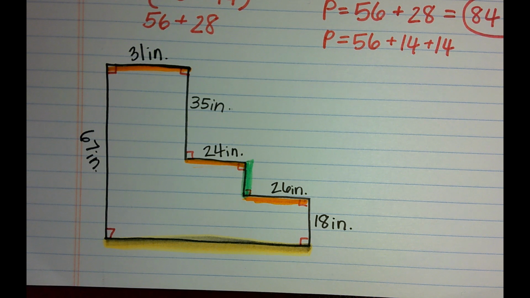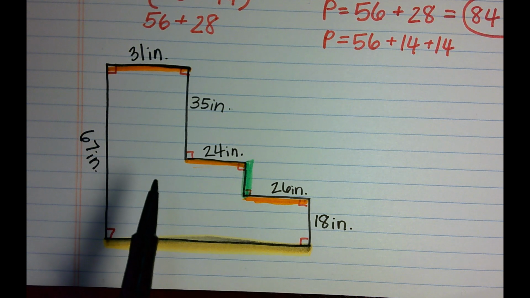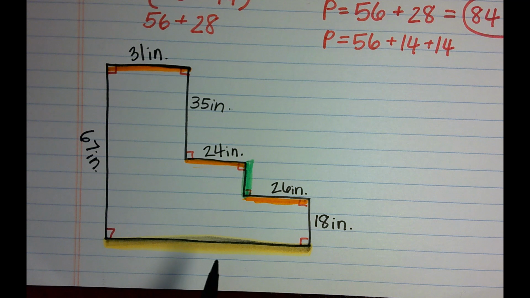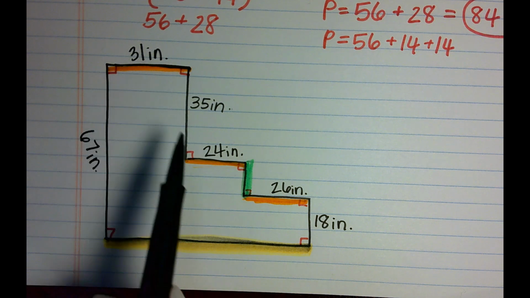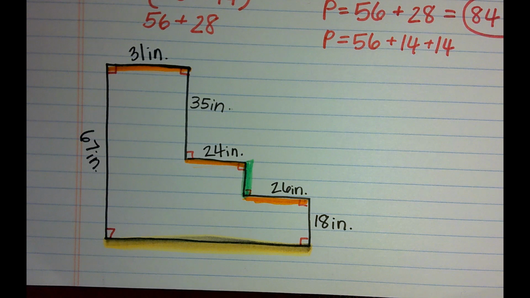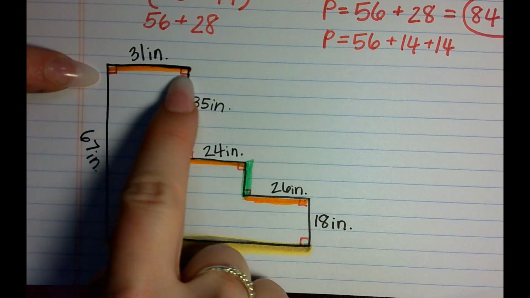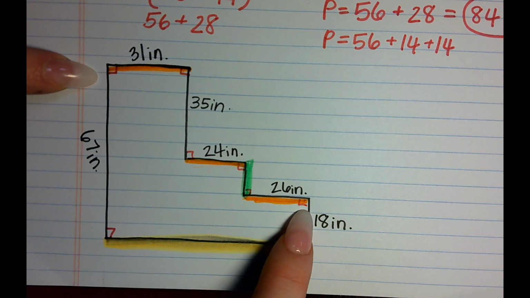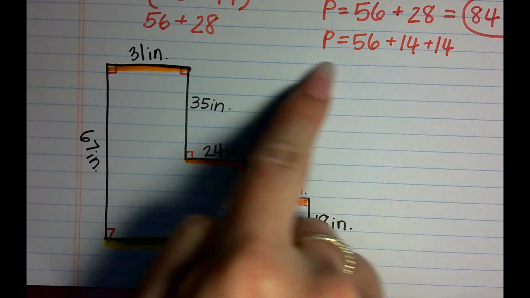Do you have a question? I was just trying to see how we got those three numbers. 31, 24, and 26? Yes. We chose these because this side length, this side length, and this side length are all going left to right.